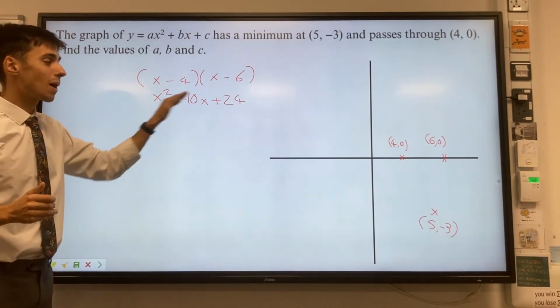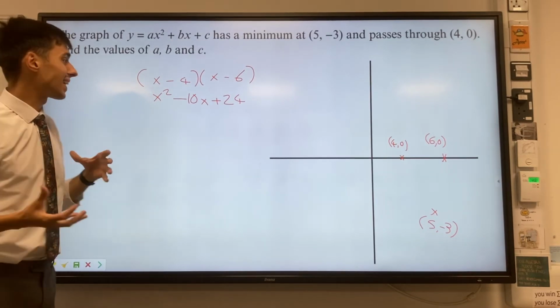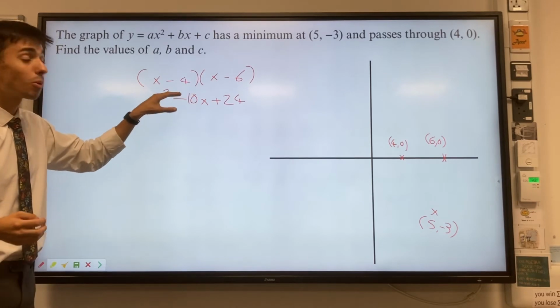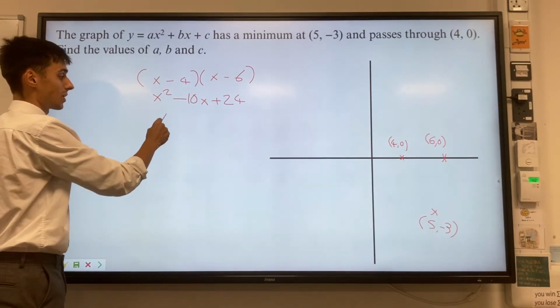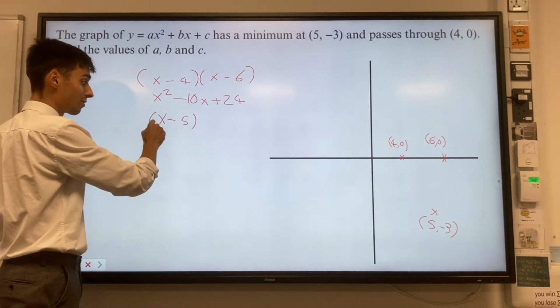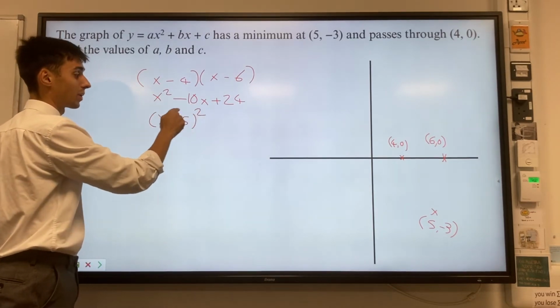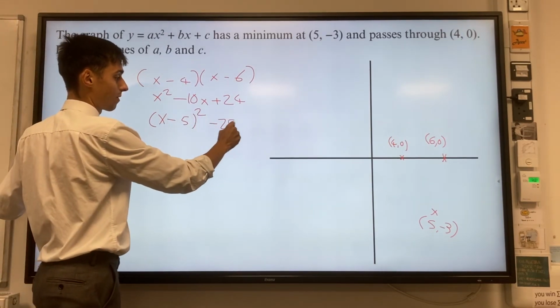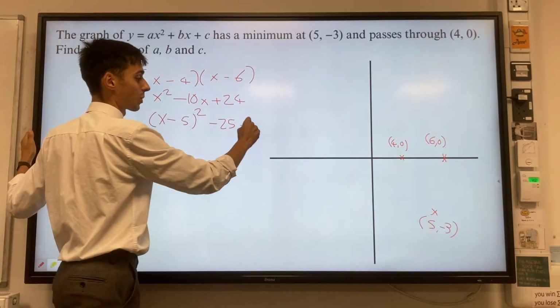And when we're thinking about the minimum point, we should be thinking about completing the square to understand where the minimum point of this graph will be. So let's do that. We need to halve our minus 10x to get minus 5, square it. We're going to take away 25 because that's the 5 in the brackets squared, and add 24.